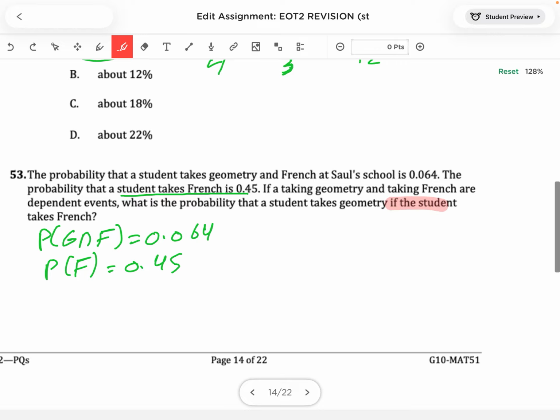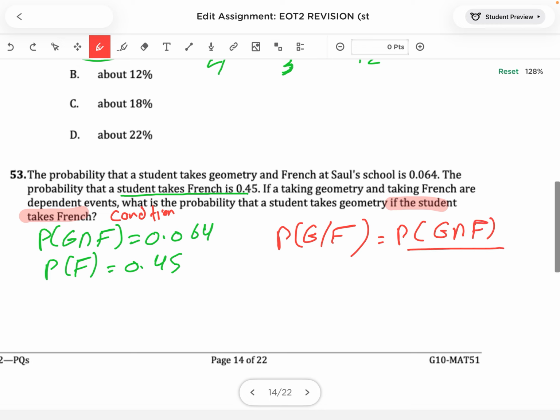If the student studies French, this is my condition. So they need the probability of geometry given that he studied French. It is the probability of geometry and French over the probability of French, which is 0.064 over 0.45. If you calculate it, it would be 80%.